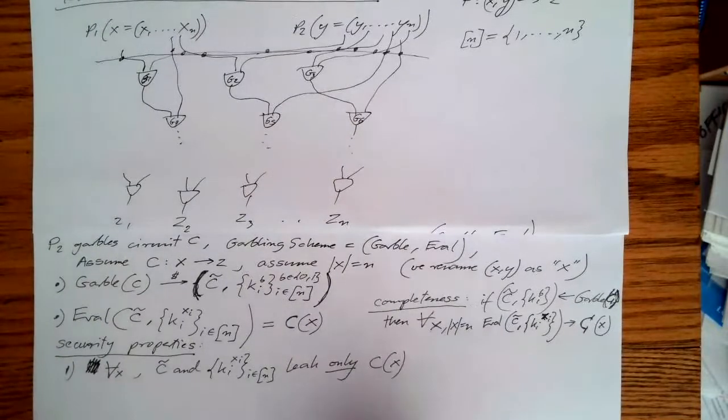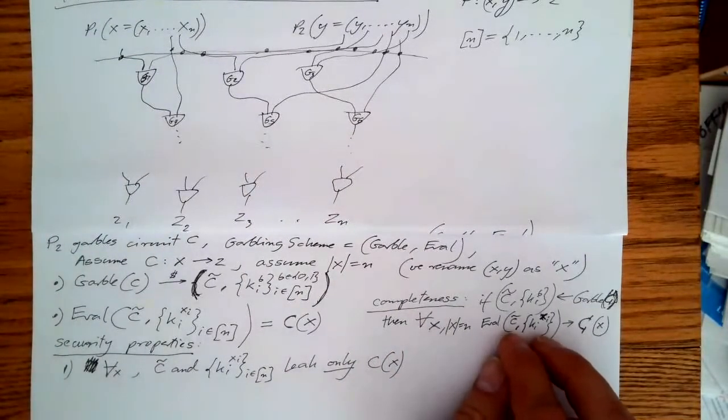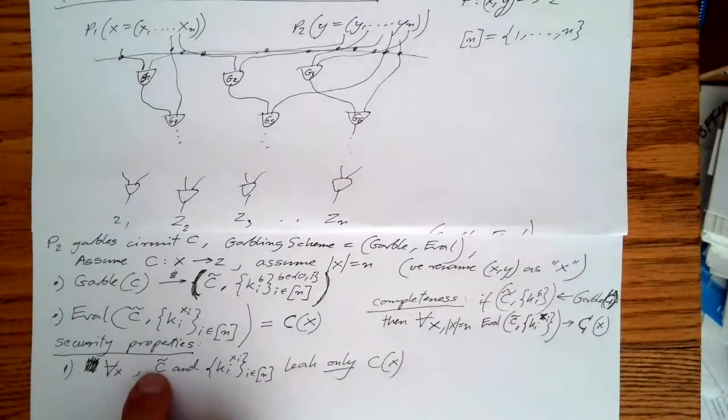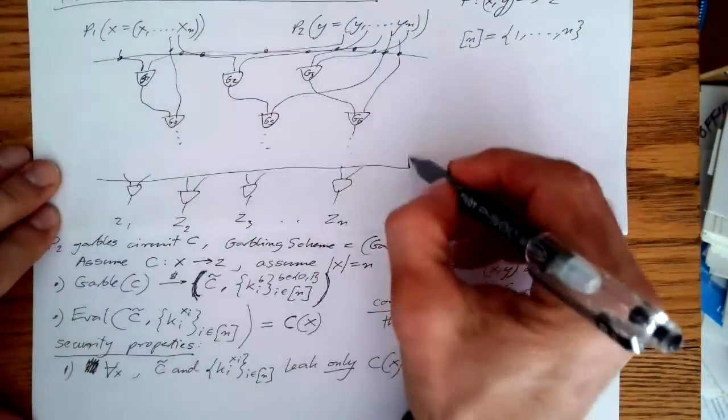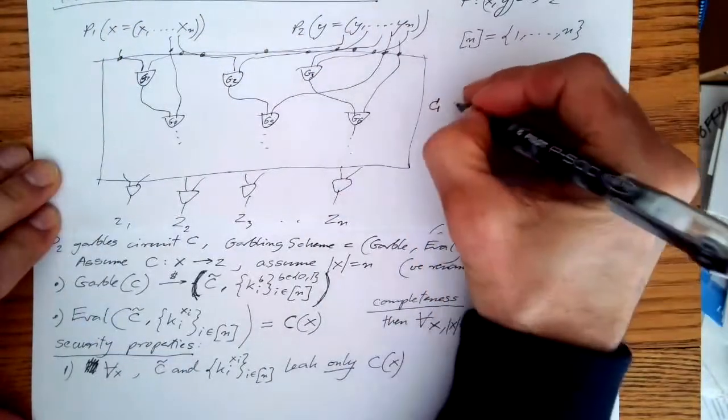In other words, you can apply the eval procedure to the garbled circuit. The circuit is public, right? This whole circuit is public.